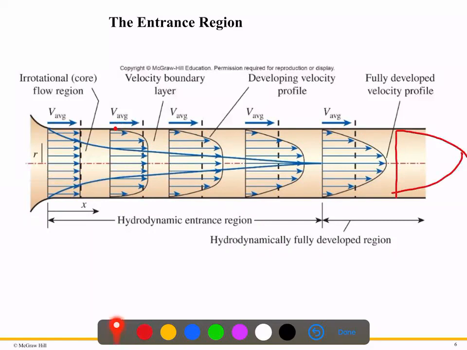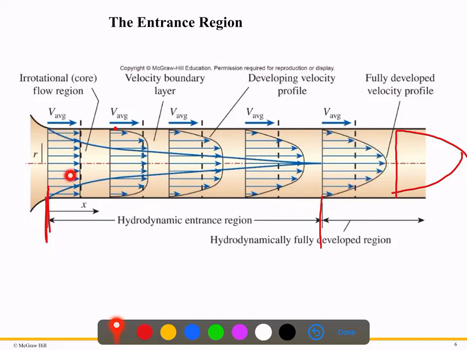We know the entrance region is the region from the inlet or the entry to the point where the flow will be fully developed. Fully developed means it becomes this parabolic shape, and it will not change anymore.